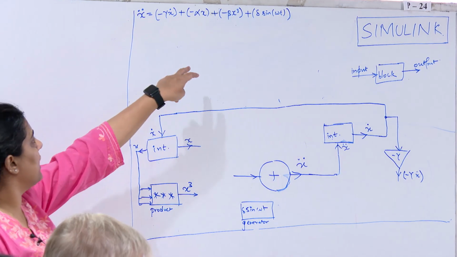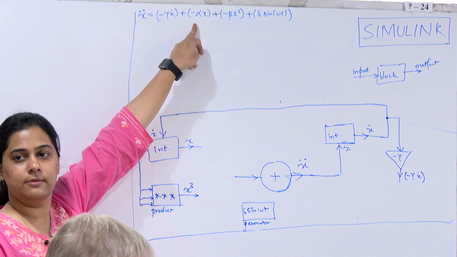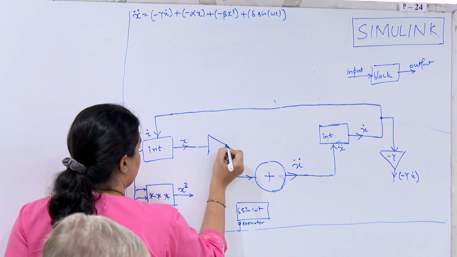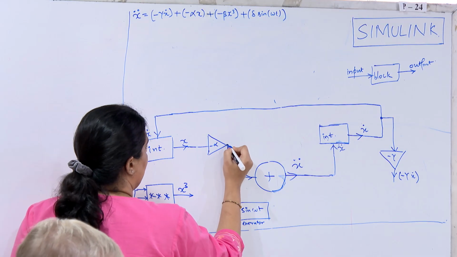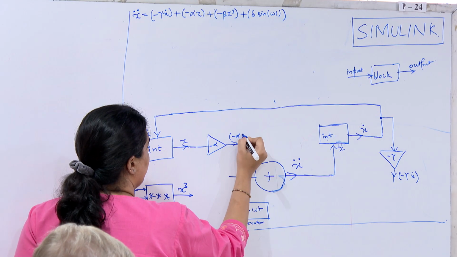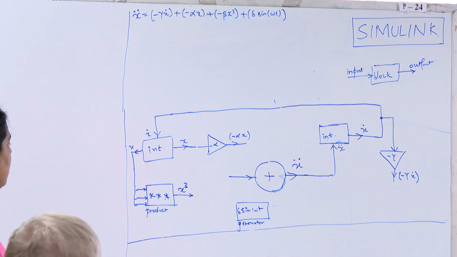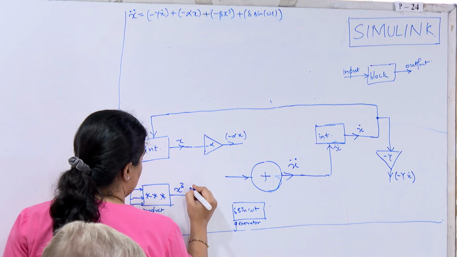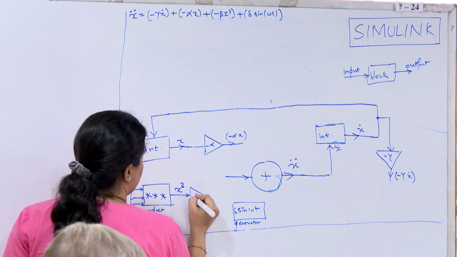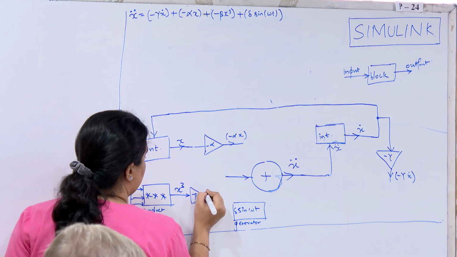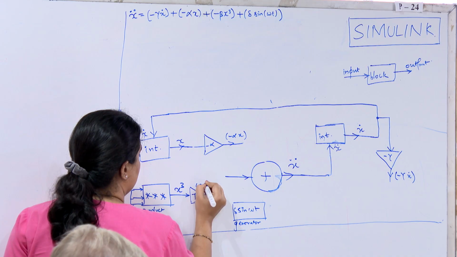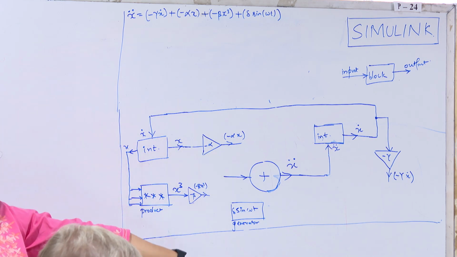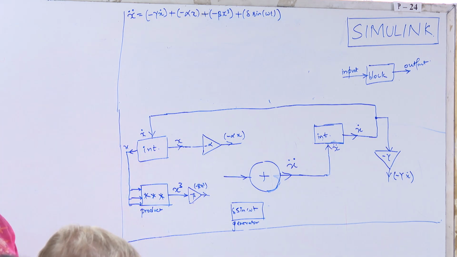Then x needs to be multiplied with minus alpha, so the output becomes minus alpha into x. And your x cube needs a gain of minus beta, and the output will be minus beta x cube. Now you have everything ready. You just need to add all those things and your block diagram will be good to go.